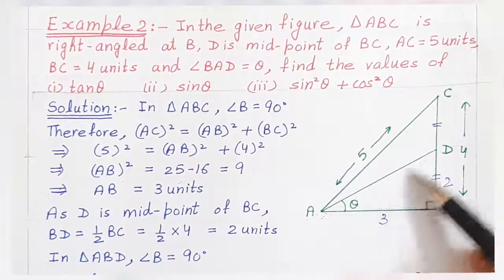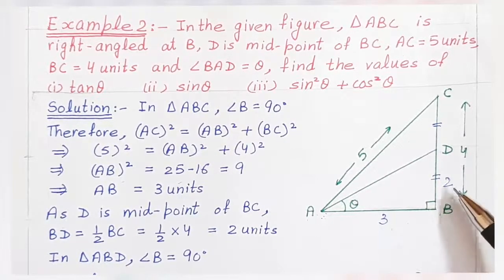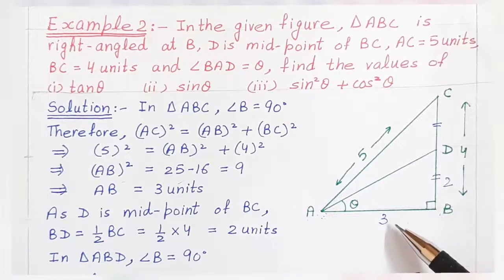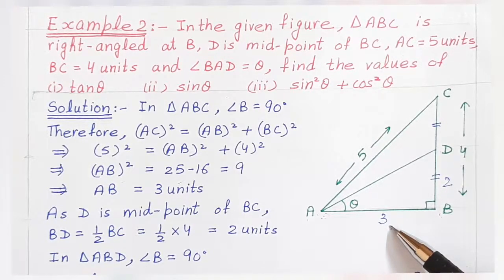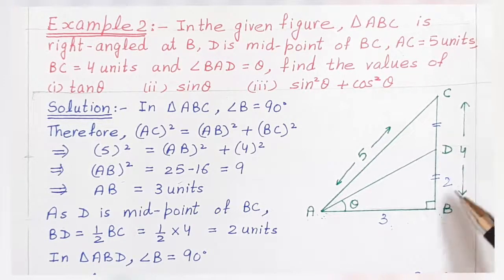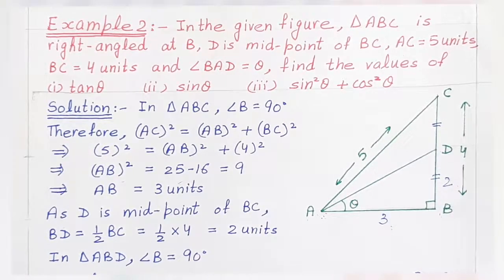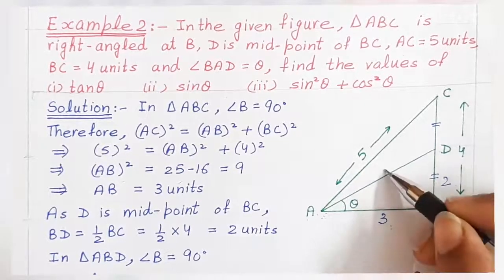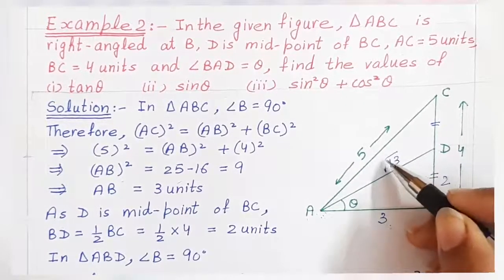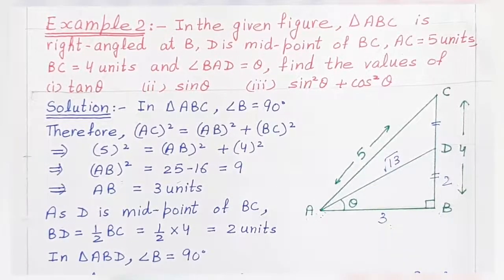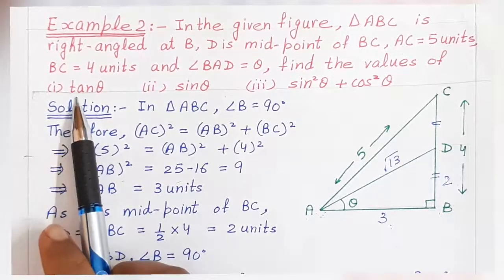So AD will be 3 square plus 2 square. That is 3 3s are 9 and 2 2s are 4. So 9 plus 4 is 13. So AD is under root 13. Clear?